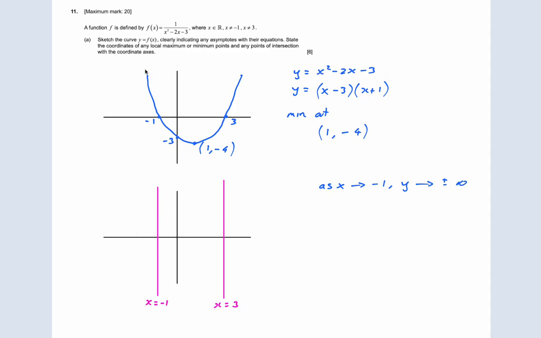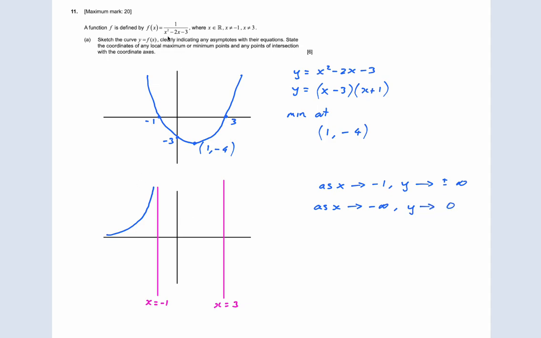Now remember, if this graph is positive here, this graph will be positive here. So over at this side you're going to get a graph that does something like this, because as x approaches -1, y approaches infinity, and as x approaches negative infinity, y will approach 0.